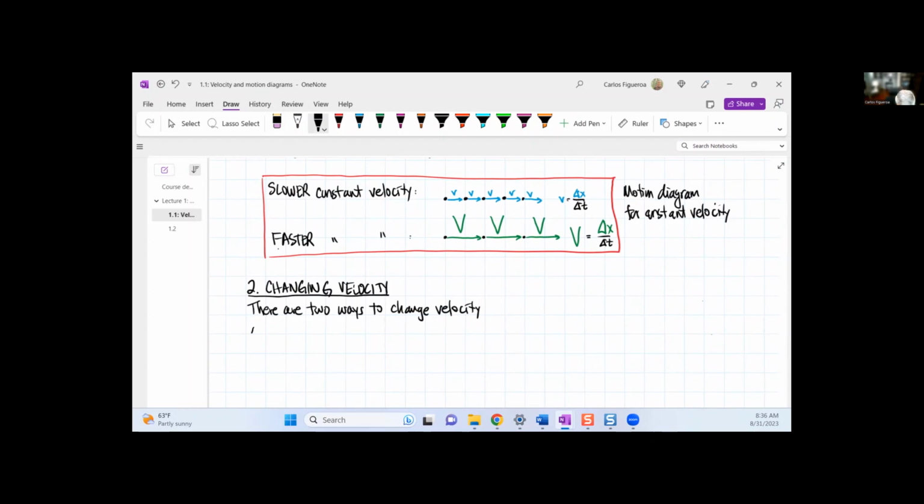The first way is that I can change speed while holding direction constant. Or I can have a constant speed but I can change direction.